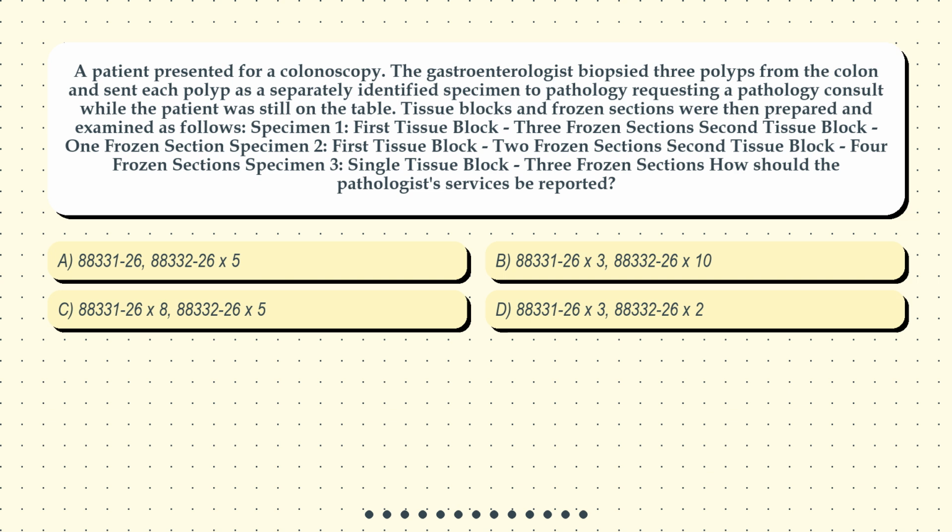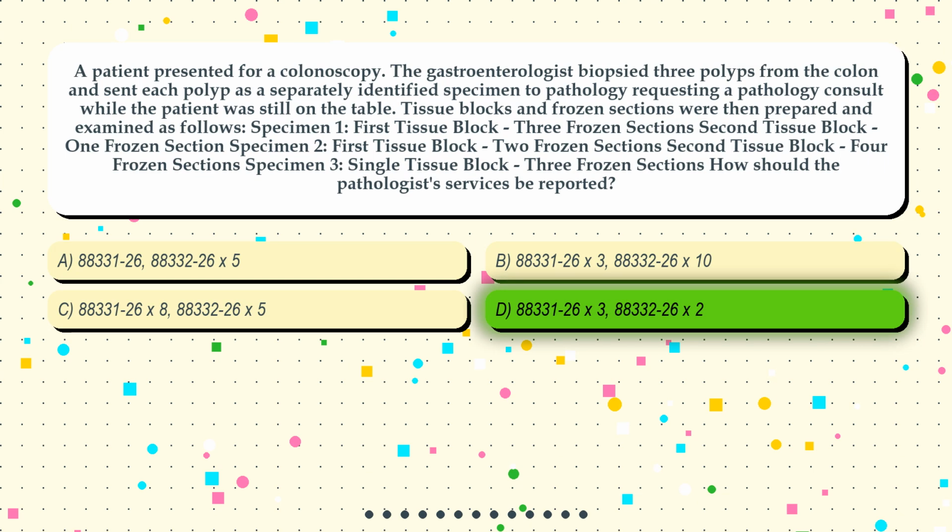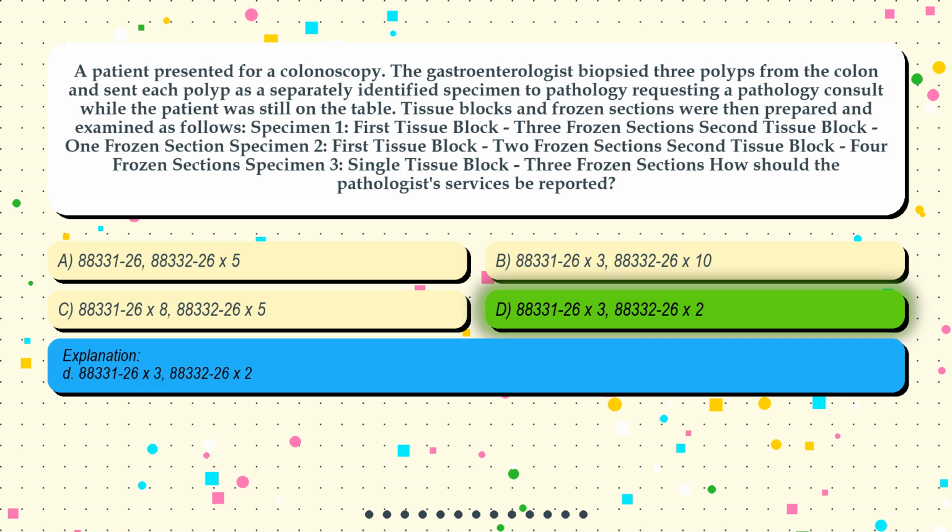Option D, 88331-26x3, 88332-26x2. The correct answer is option D, 88331-26x3, 88332-26x2.